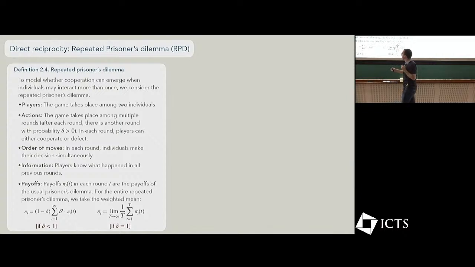And this 1 minus delta in front is just a normalization factor. What this factor ensures is that if we always cooperate in every round, our payoff, according to this definition, is B minus C. And if we defect in every round, our payoff is 0. So you can compare payoffs here to the one-shot payoffs.